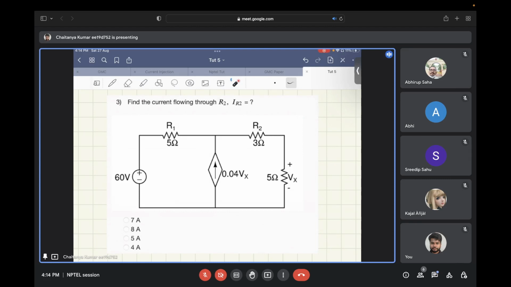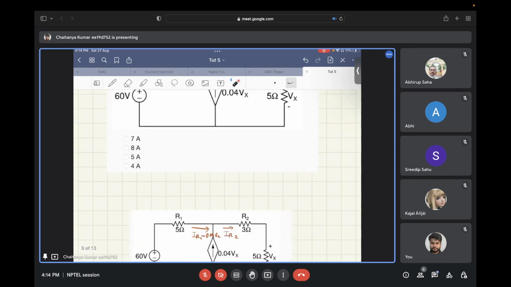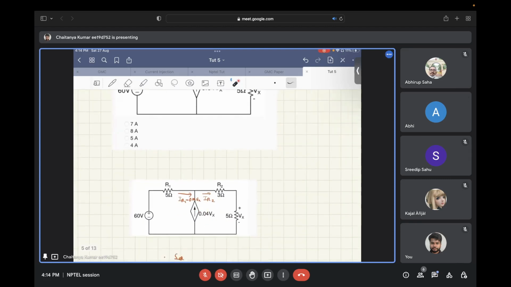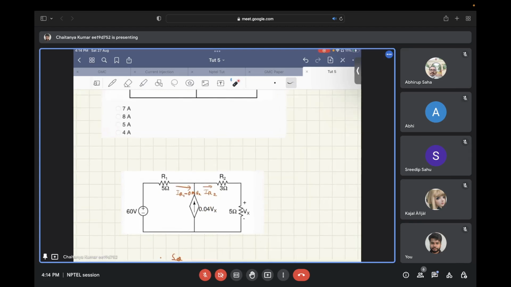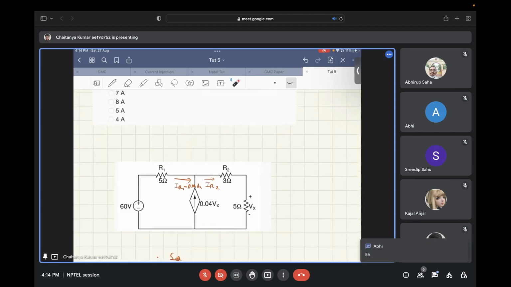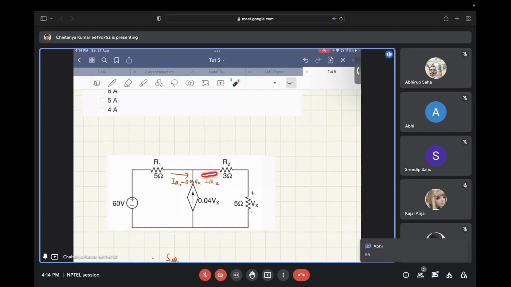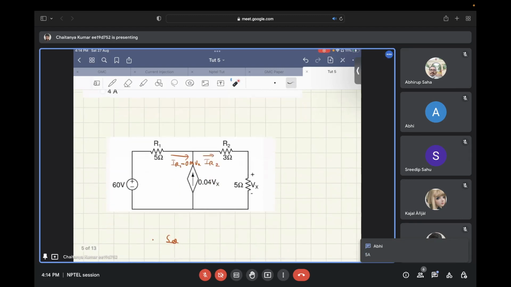Okay, so let's see the solution. Is there any doubt? Okay, let's proceed. Let's say the current flowing in this branch is IR2.